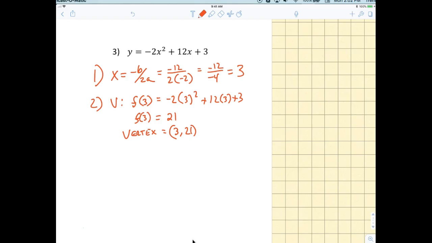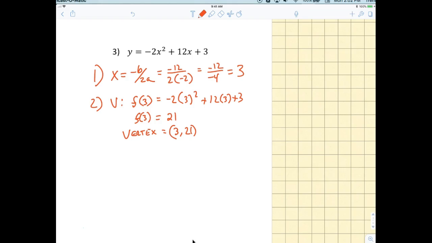Yes? Could we make the vertex 1.7? No. Again, your vertex is defined using negative b over 2a. That is always the x-coordinate of the vertex. I'm going to say it one more time. The x-coordinate of the vertex is always negative b over 2a.